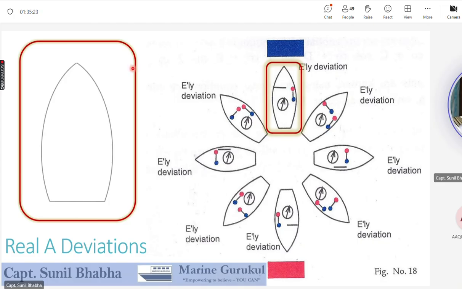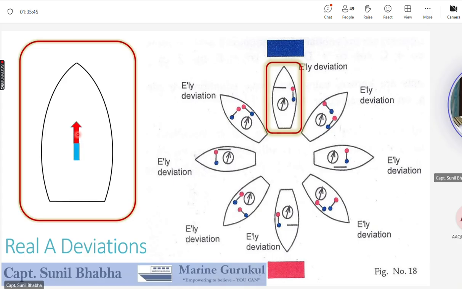So here on the left side, you see a zoomed in diagram with the ship heading north. Let's first make the magnetic compass on this ship. Now we know the magnetic compass is basically a magnet, and the end which points towards the north is the red end of that magnet.